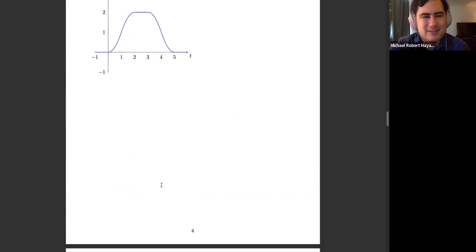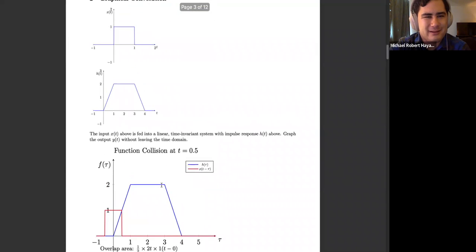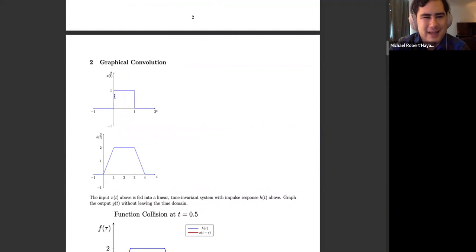Now, does this make sense? Okay. Bear with me. Quick check of our work. This x of t right here is like a very poor man's delta function, because we used this as a delta function approximation before as one of our limiting functions. It would be like rect 1 of t, where it has a width of 1.